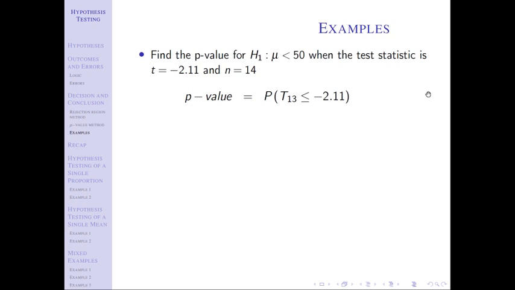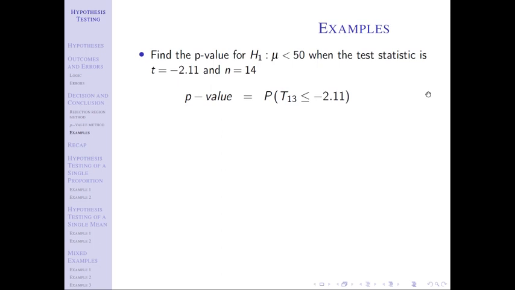And now here's a difference between Excel and the table. With a Z-table and using Excel, you should get roughly the same answer. You might get a little more precise of an answer in Excel because you can use a Z value that has a third decimal place or goes off the table, for instance. So you can get a little more precise with Excel, but it's going to be more or less the same answer.